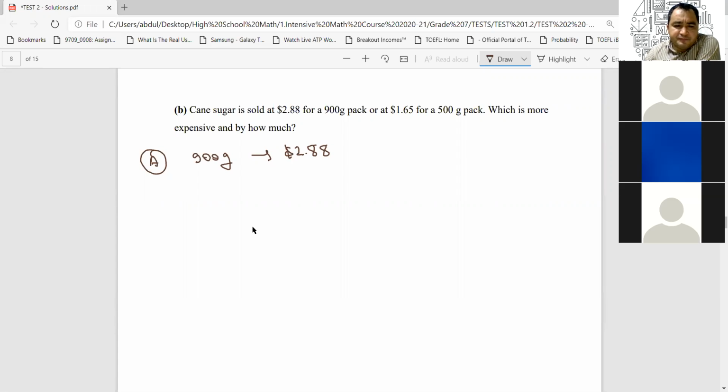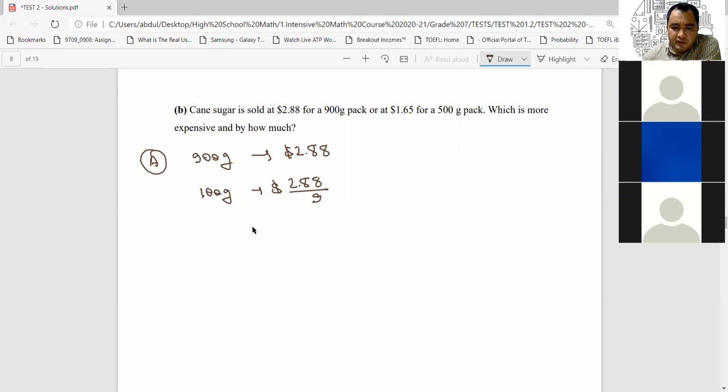All right, how about 1 gram? Or I can just write 10 grams or 100 grams. Let's just compare 100 grams. If you divide by 9, here we have 2.88 divided by 9. So 288, can we divide this? 288 divided by 9 is equal to 32.